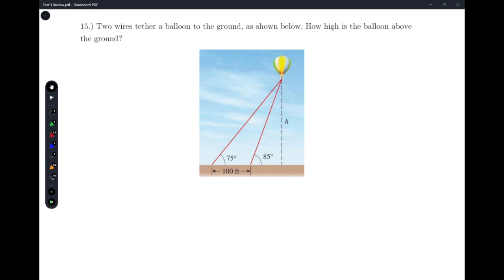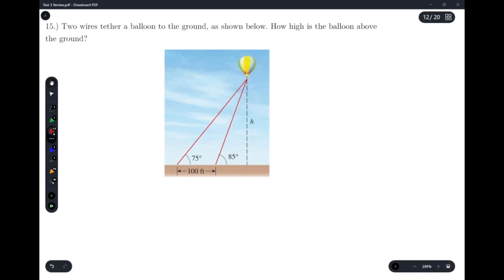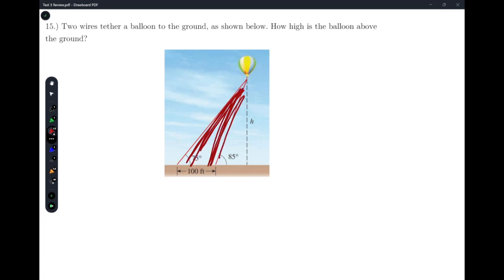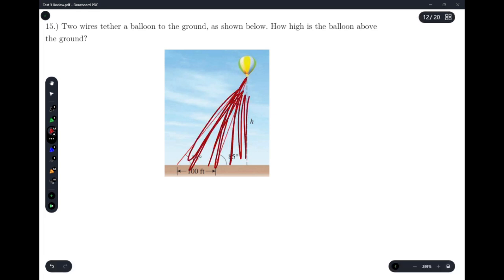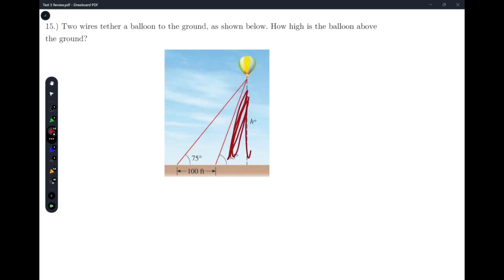Where's the third one? It's the whole thing. Super big one, super small one, wonky one. This is the wonky one. This is the super big one. This is the super small one.